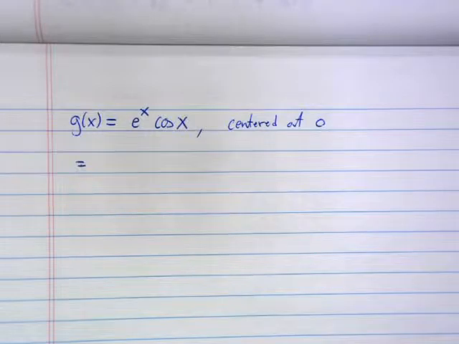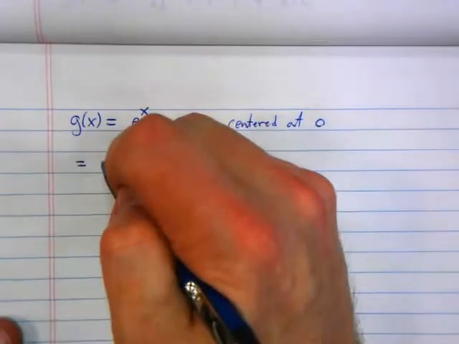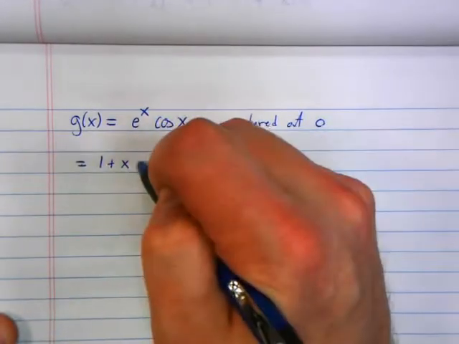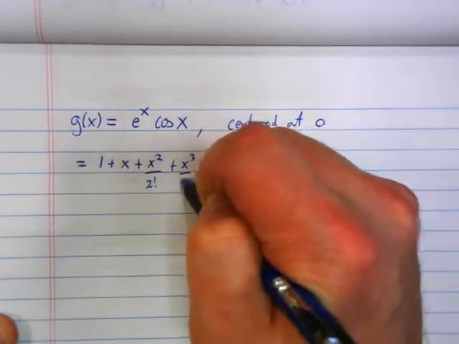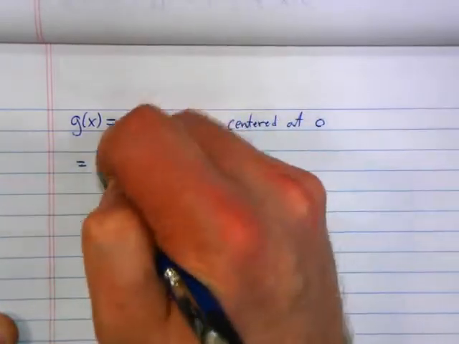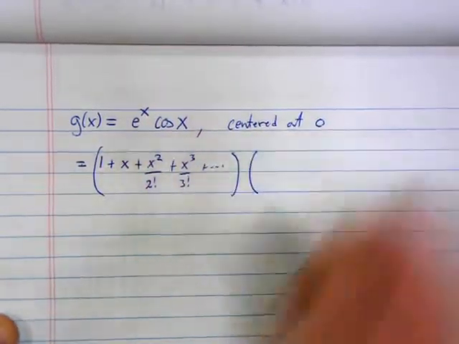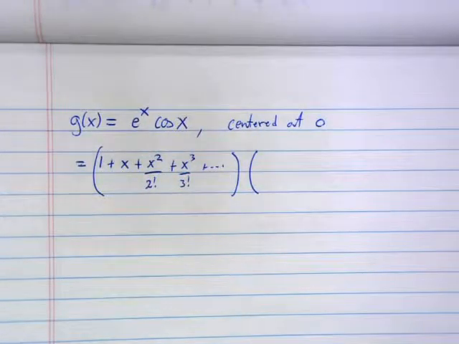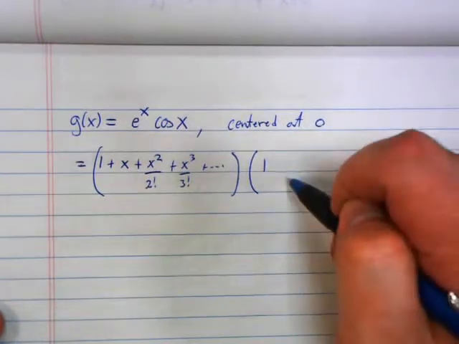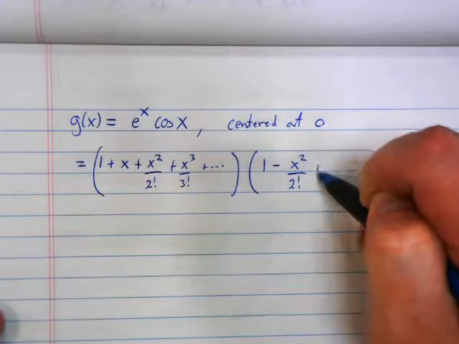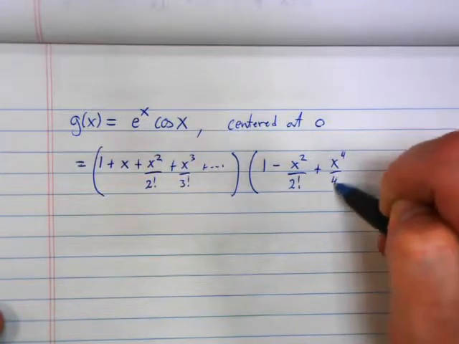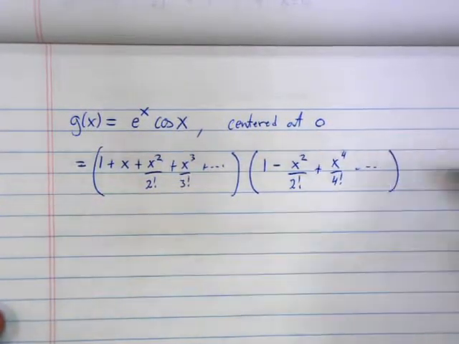It had all of them and it did not alternate. So that one was just 1 plus x plus x squared over 2 factorial plus x cubed over 3 factorial plus, and it went on and on forever. And I want to multiply that by cosine. What was the power series for cosine? The evens alternating. So it started at 1, and then it had minus x squared over 2 factorial plus x to the 4th over 4 factorial, and it went on and on forever.